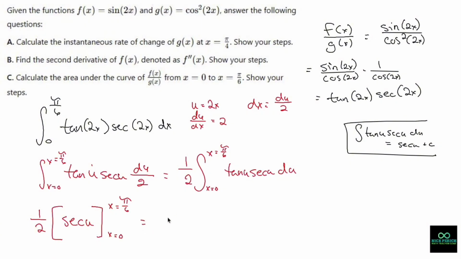Let's substitute what that actually is, and let's kill 2 birds with 1 stone. I can bring that 1 over 2 back out. Secant is 1 over cosine, and u I called 2x. So I'm going to write it out like that. Now I'm going to plug in pi over 6.